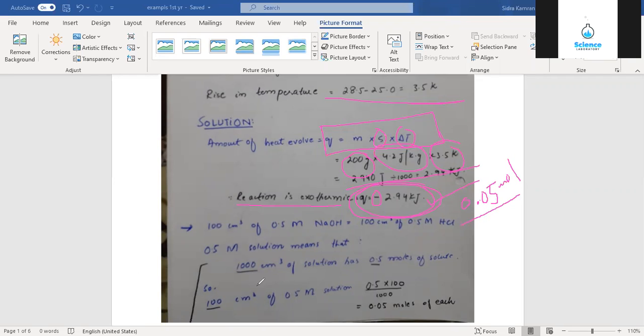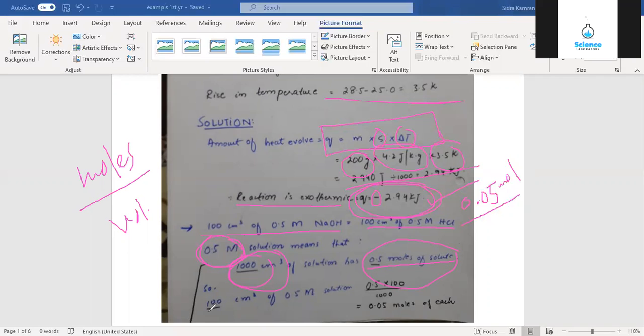Here you can see 100 centimeter cube of 0.5 molar NaOH and 100 centimeter cube of 0.5 molar HCl. 0.5 molar means 1000 centimeter cube of solution has 0.5 moles, as we know from the formula of molarity, moles in the numerator and volume in the denominator.